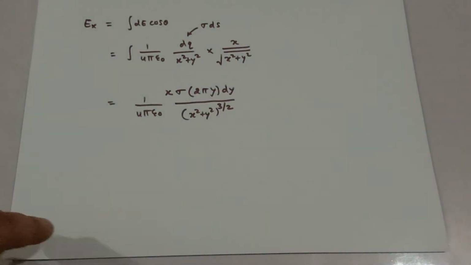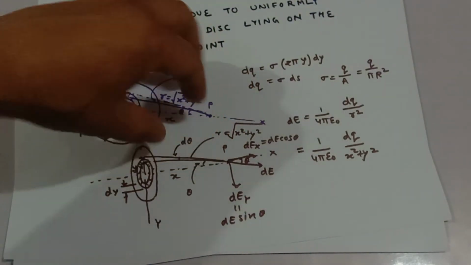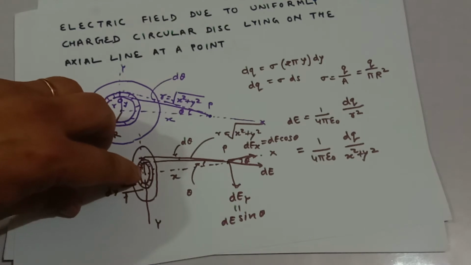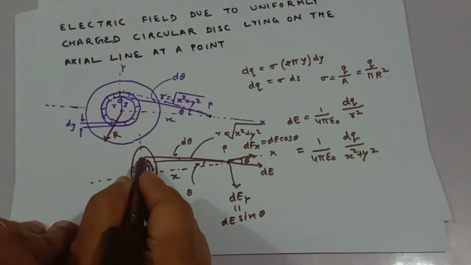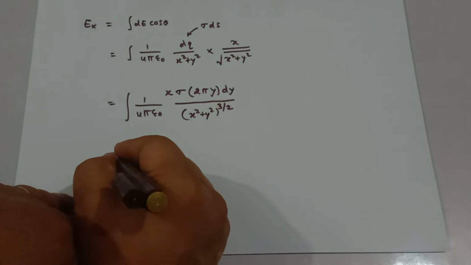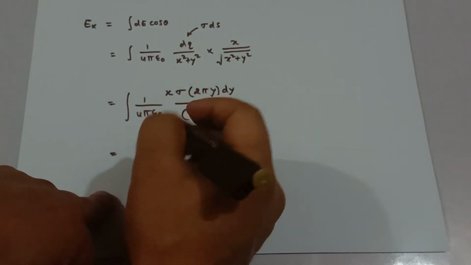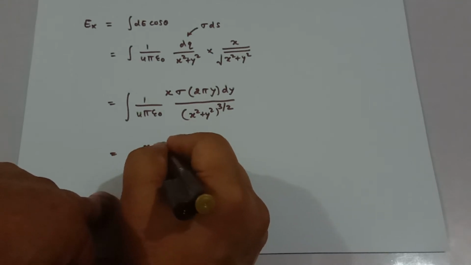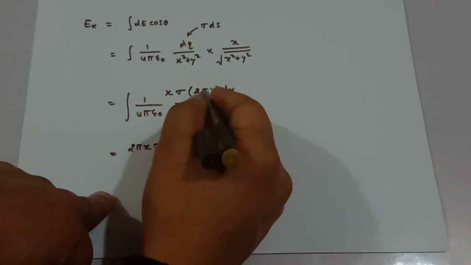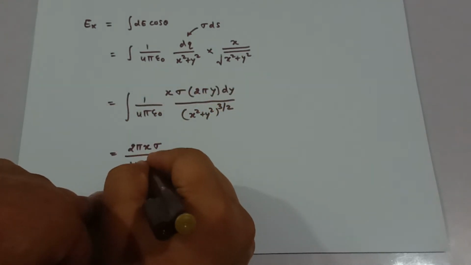Okay, and then you need to integrate. Of course we know that the distance x remains constant. So when you integrate, you go from the point O up to radius R, so basically your y is changing from 0 to capital R. So you can take x out of this integration sign, so the only things that remain outside are x and sigma, and 2 pi would come out of this integration sign, and 4 pi epsilon naught is there.